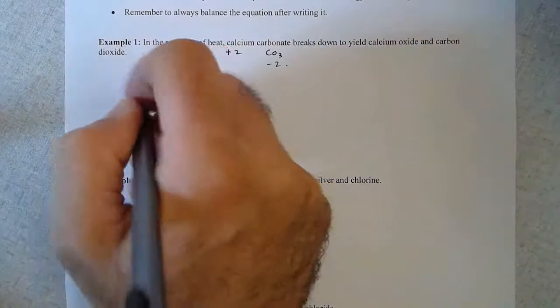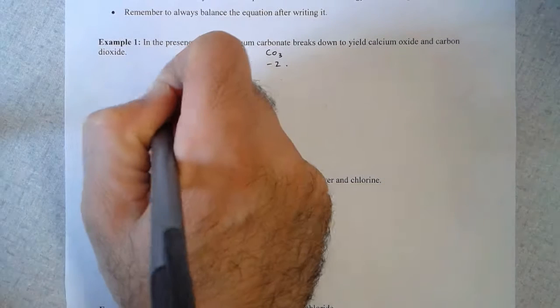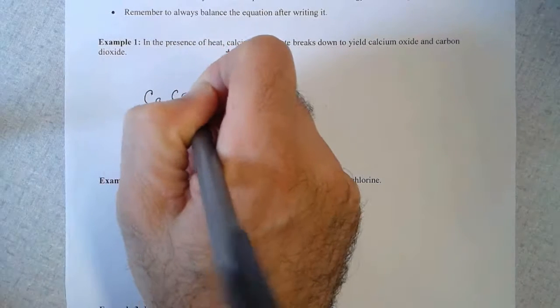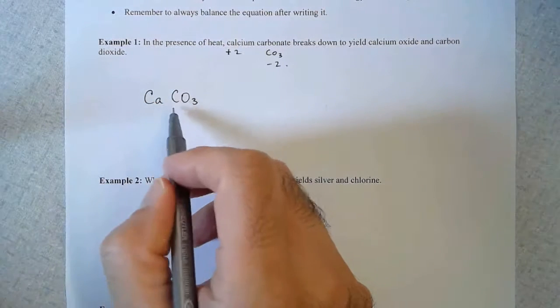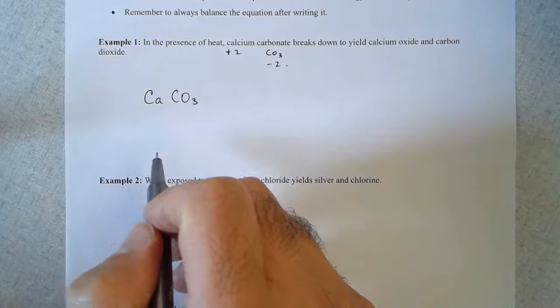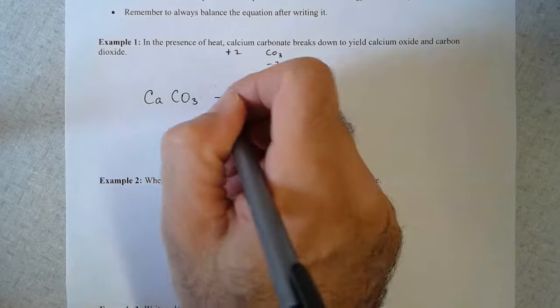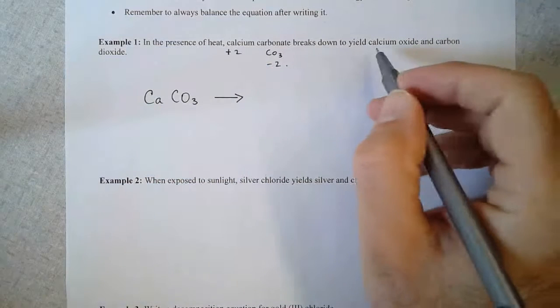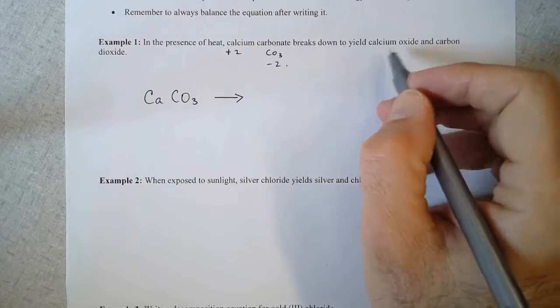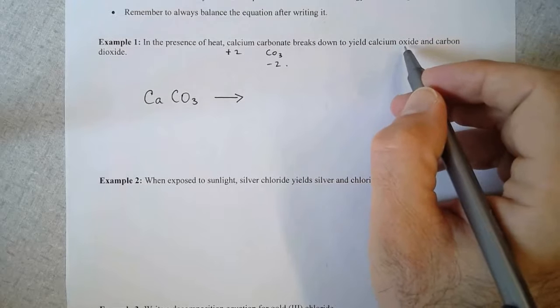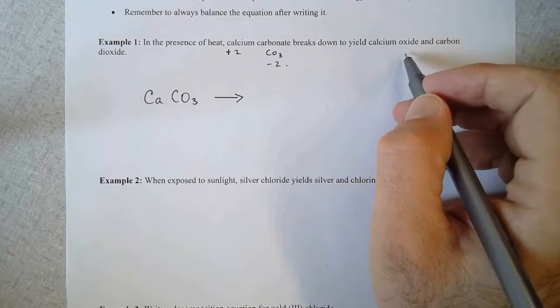Okay, so on the left as a reactant we have calcium carbonate. Okay, only one of each. Notice I don't put brackets around the polyatomic ion since I'm only taking one of them. Okay, and now this produces calcium oxide. Now here we see IDE at the end, so this tells me that there's no polyatomic ion.